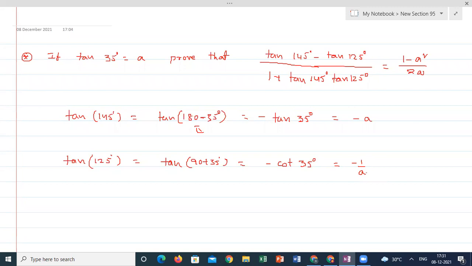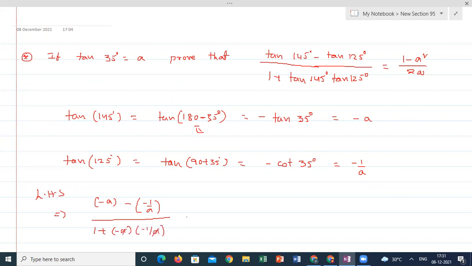Are you clear with these two steps? Anyone having any doubts, students, please let me know before proceeding to the next one. Is it clear? Yes, sir. So take LHS and substitute the values. Minus a minus 1 by a divided by 1 plus minus a into minus 1 by a.